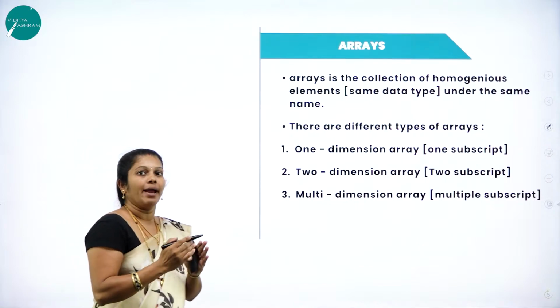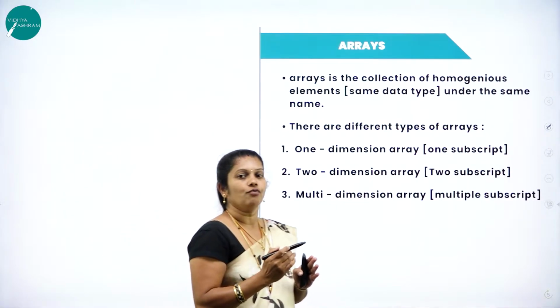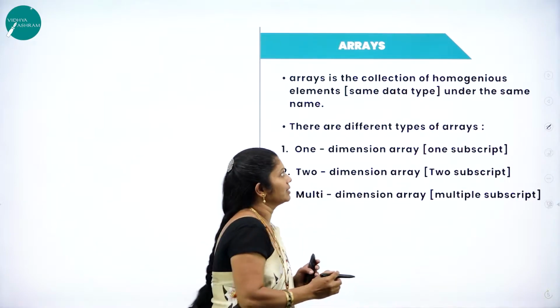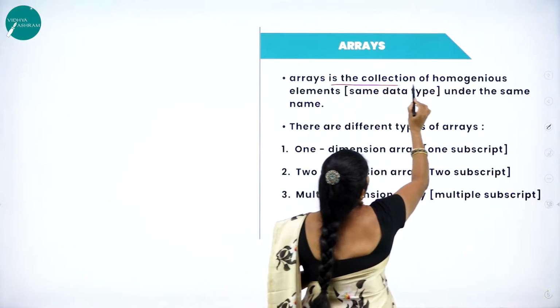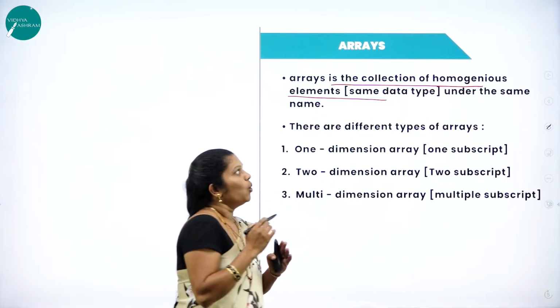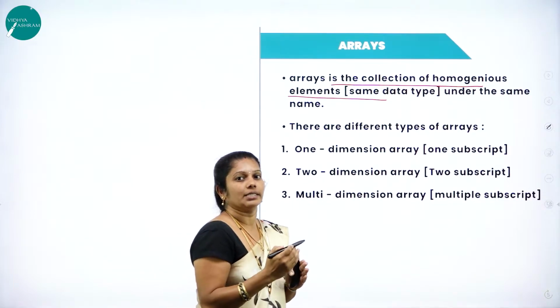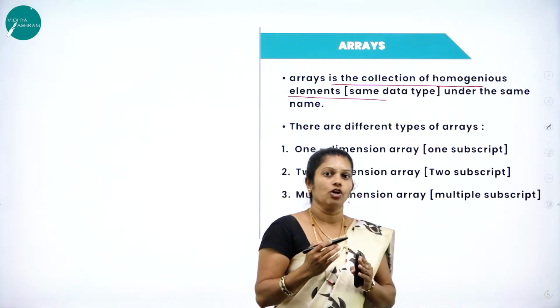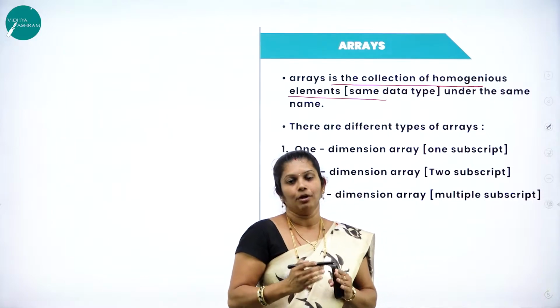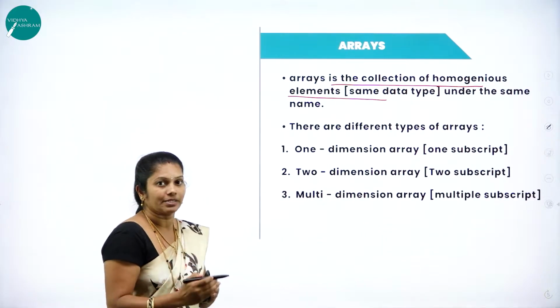Then, what do you mean by array? Why do we require an array? An array is a collection of homogeneous elements. What do you mean by homogeneous elements? Homogeneous elements means all the elements are of the same data type, stored under the same name, having some subscript.